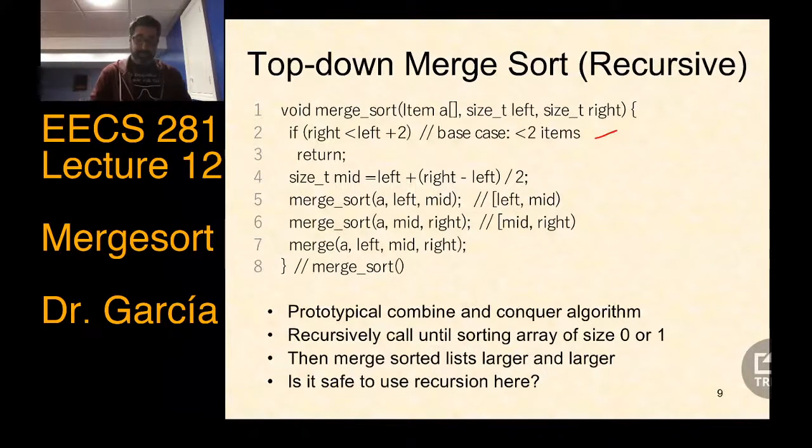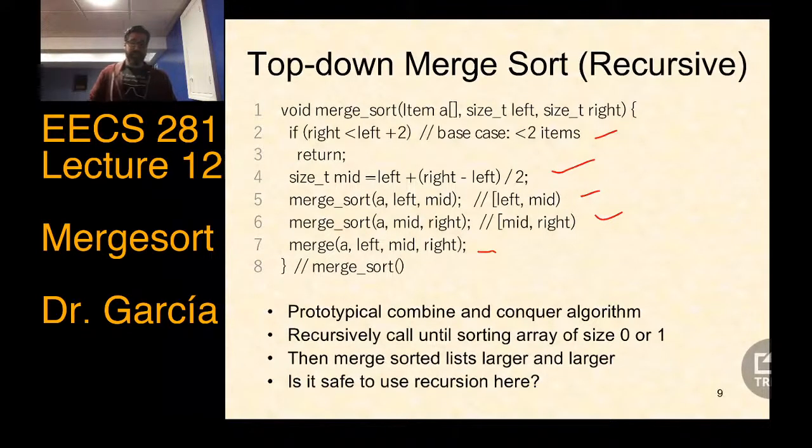Okay. Then find the mid, okay, which is where we're deciding to split the work between the next 2 recursive calls. And so basically merge sort on the left-hand side, not including the mid, and then merge sort on the right-hand side, not including the rightmost element. And then at the end, we actually merge.